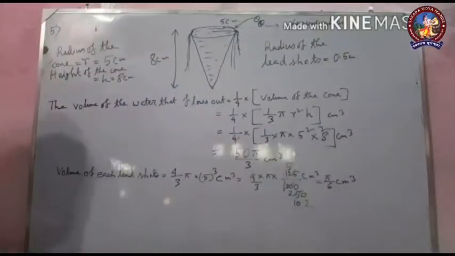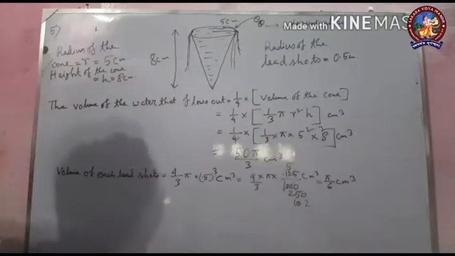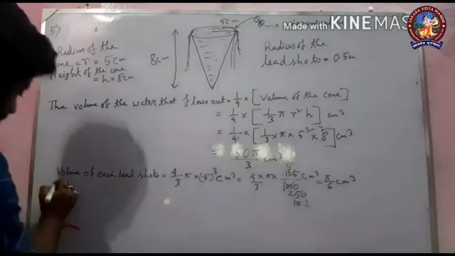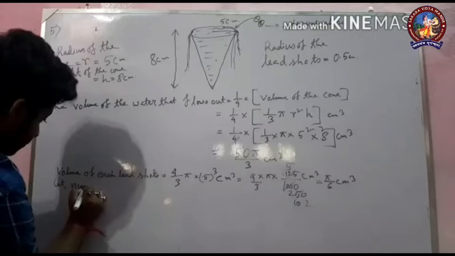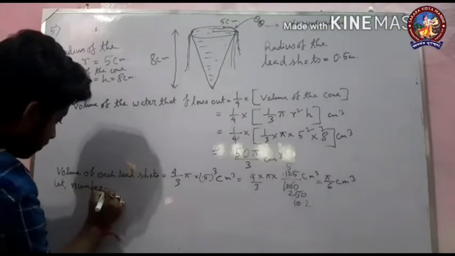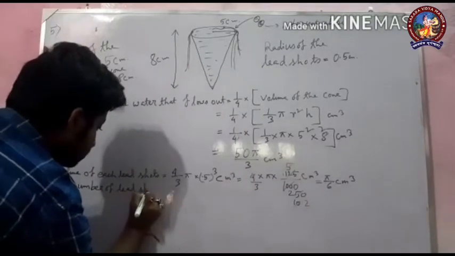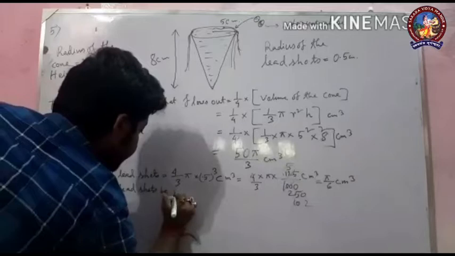Now I don't know how many lead shots are dropped into the conical vessel. So let's take the number of lead shots to be n.